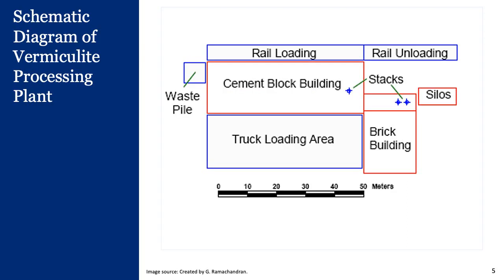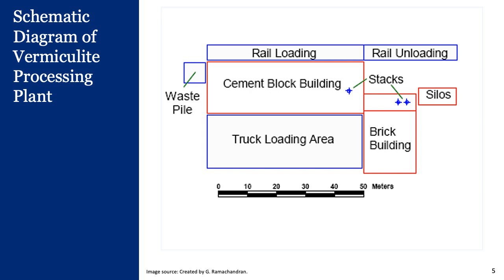This is a very rough schematic of the ore processing facility. At the top of the slide, you can see that the ore is transported by rail car, and it arrives at the facility and the rail car unloading location. Once the ore is unloaded, it's piled up in these stacks, and it goes into this cement block building.